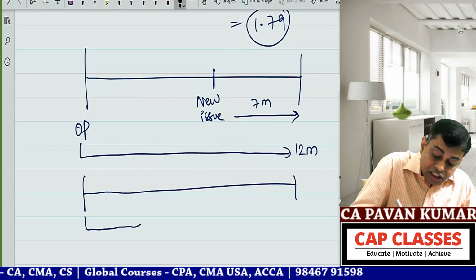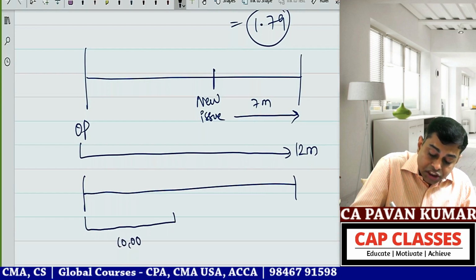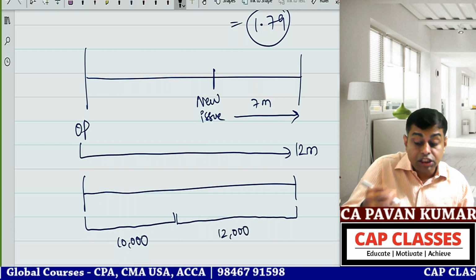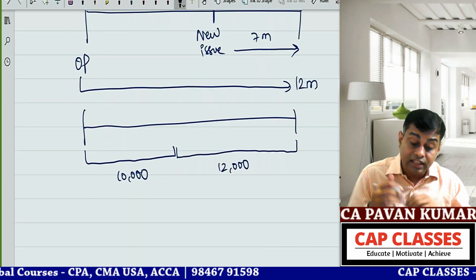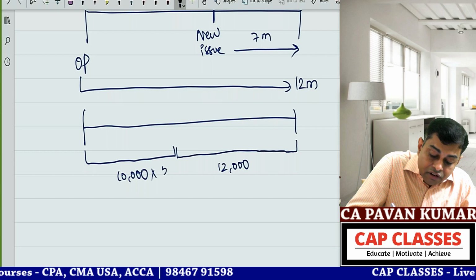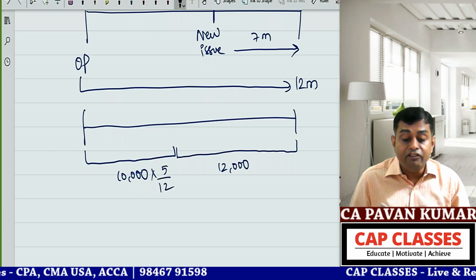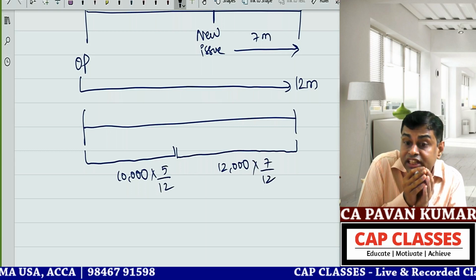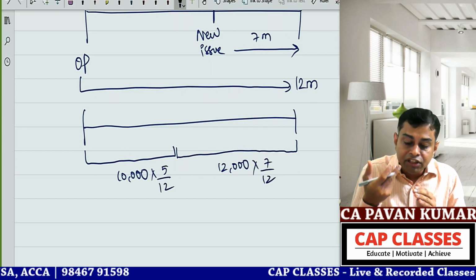So from this to this 10,000 shares are there. From this to this 12,000 shares are there. Like this also I can calculate. Then for 10,000 I have to give divided by 12 into 5 months. 7 months. So 5 months I lived with 10,000 shares. 7 months I lived with 12,000 shares.